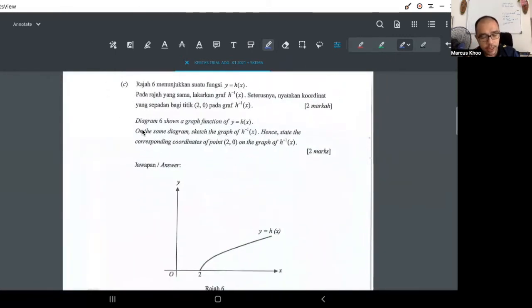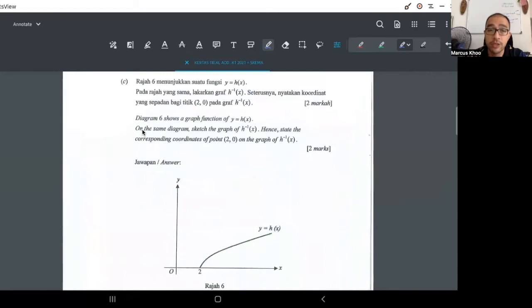Okay, question C. Now, question C is a very familiar question. If you remember the Negeri 9 question, we have seen this. Diagram 6 shows a function of hx. In the same diagram, sketch the graph of h inverse. Okay, if inverse, then of course you need to draw a mirror like this. Okay, y equals to x. And then the inverse will be, if x is 2, y is 2.